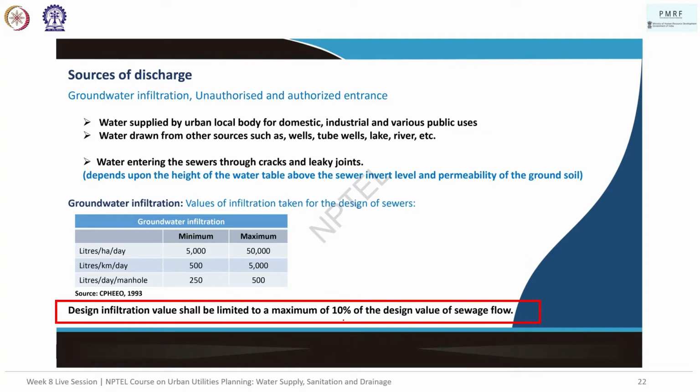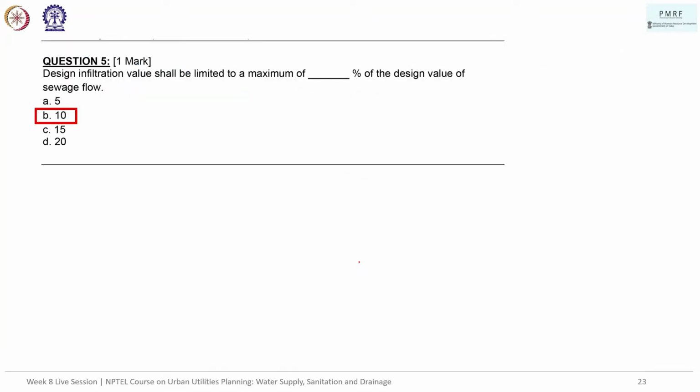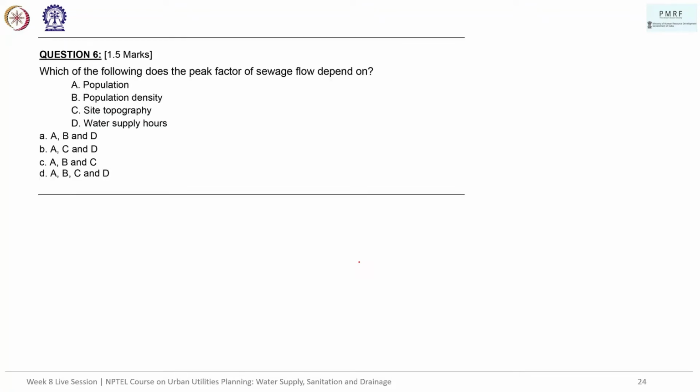So this is the upper tolerance limit for any infiltration to be allowed. Infiltration essentially comes from some sort of crack or issue within the pipeline system, right? So the answer is B actually, right? So moving on to the next question.